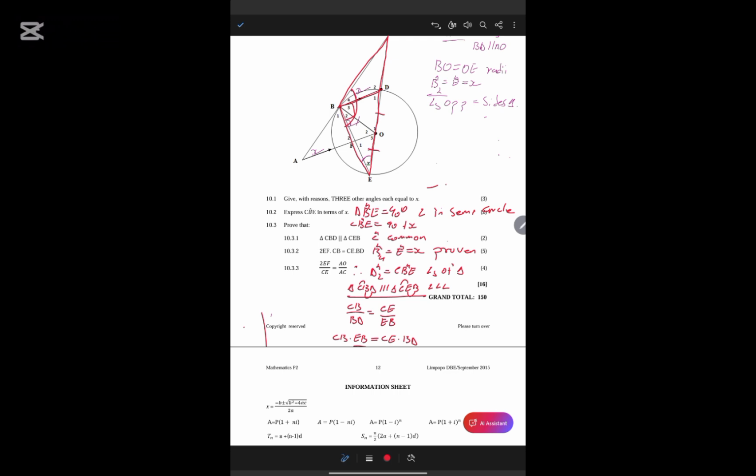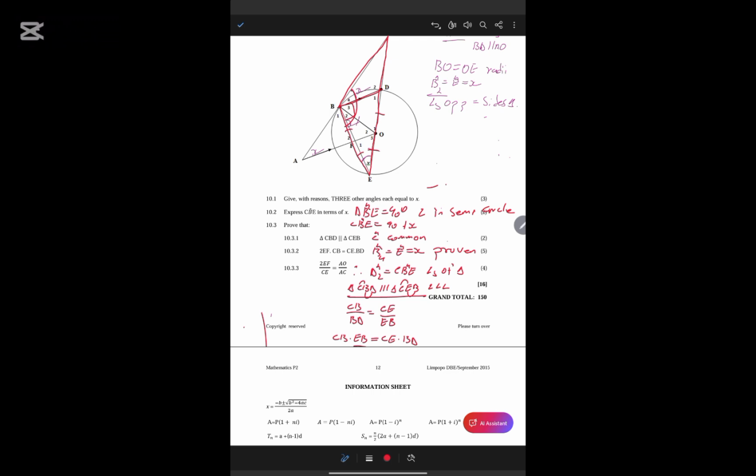Those are equal, and the line OA is parallel to BD. The converse of the midpoint theorem says a line through the midpoint of a side of a triangle parallel to another side bisects the third side.